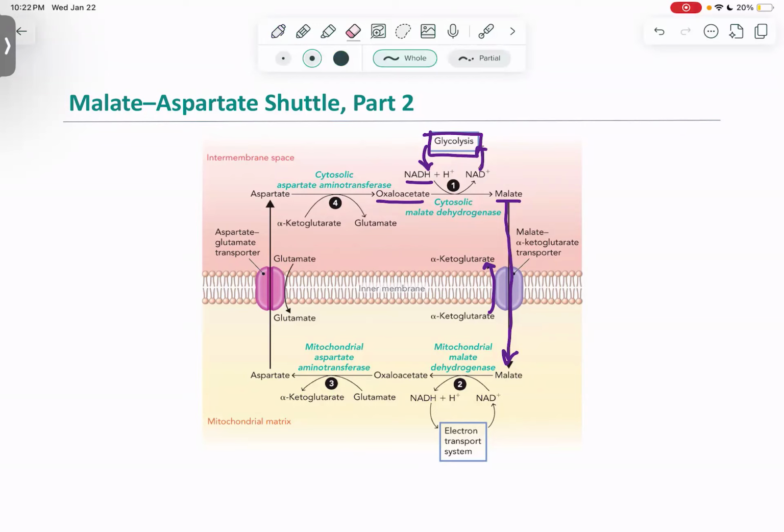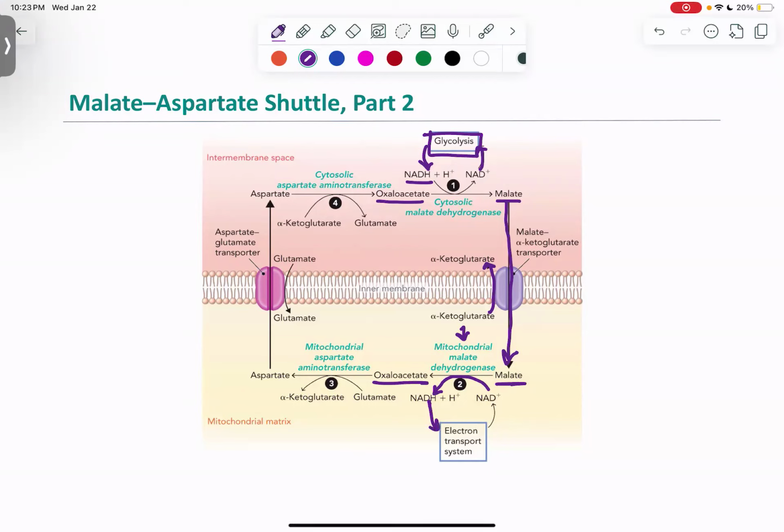Now, we have a similar enzyme. We had cytosolic malate dehydrogenase. Now we have mitochondrial malate dehydrogenase, where we're going to take that malate and turn it back into oxaloacetate. Well, how are you going to do that? At the same time, you're going to take NAD plus and turn it into NADH. Now that we have that NADH, we can drop off those electrons to the electron transport system.